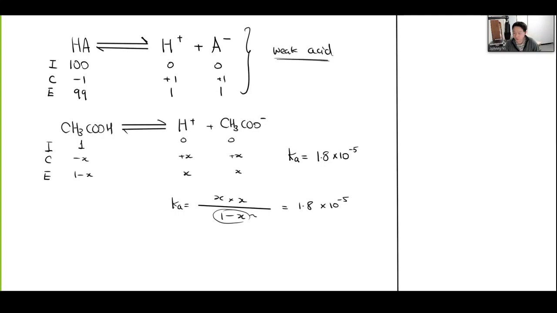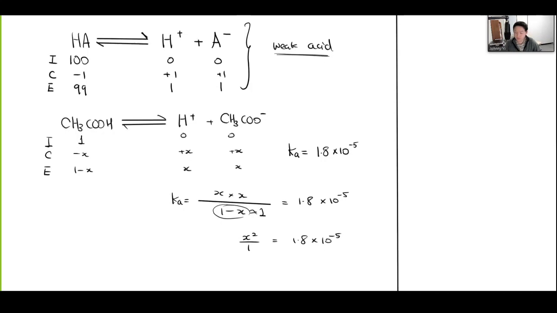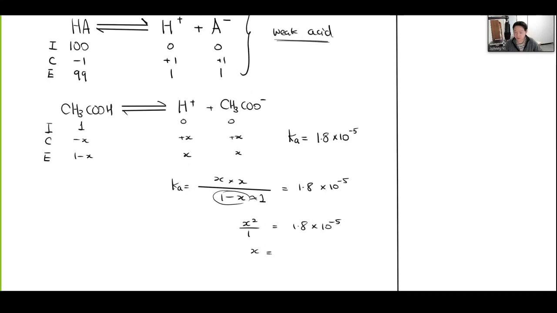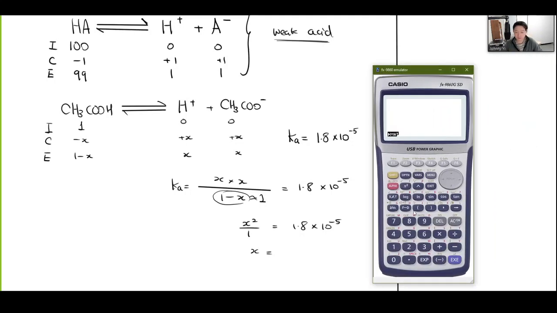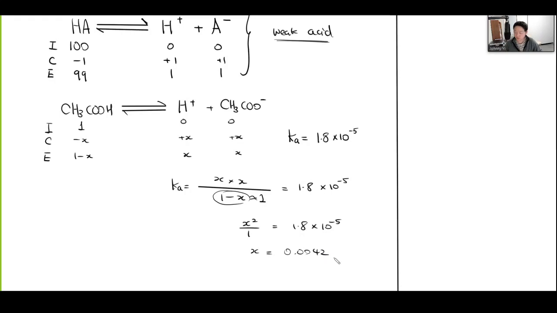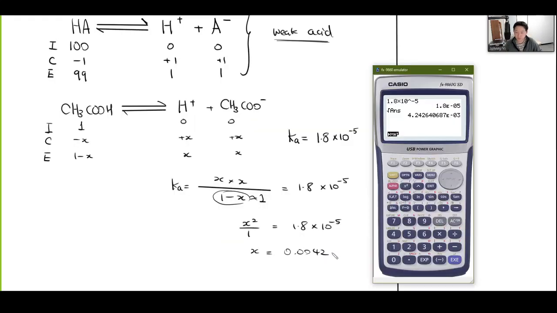But this number is almost equal to 1, so x squared over 1 is 1.8 times 10 to the power of negative 5, so therefore x is equal to the square root of that number. So this is all last term stuff, I guess. So you get about 0.0042, 424, okay?